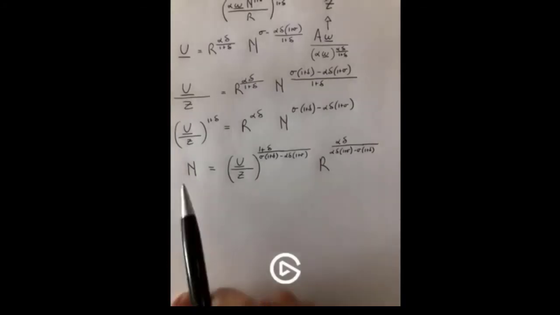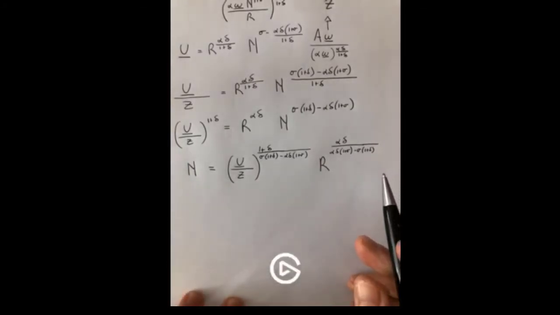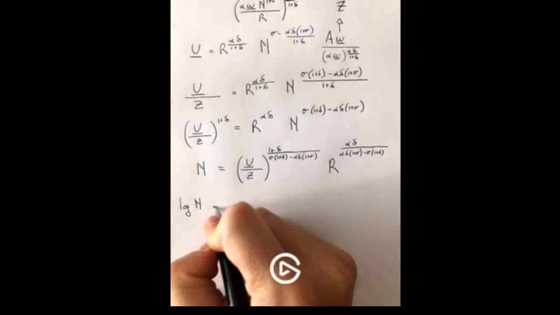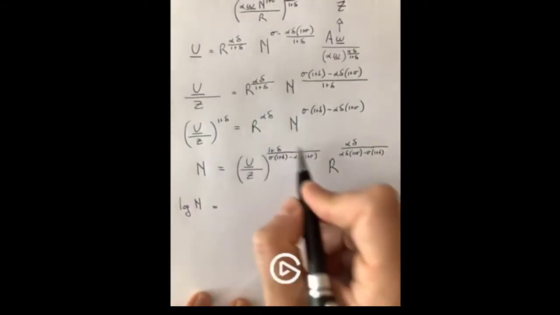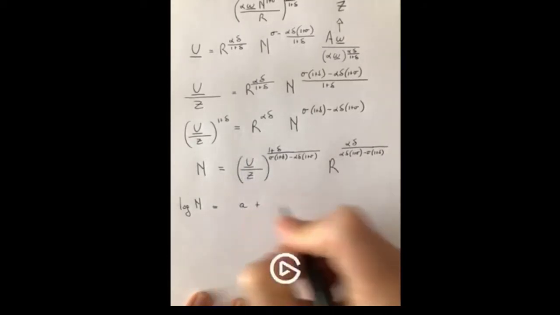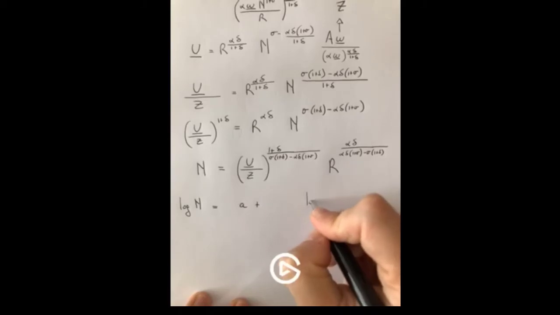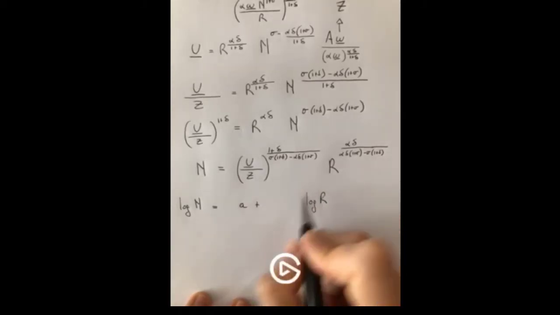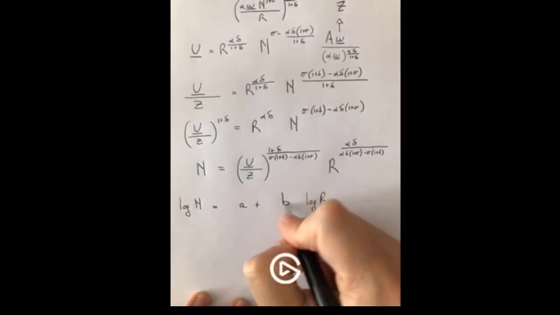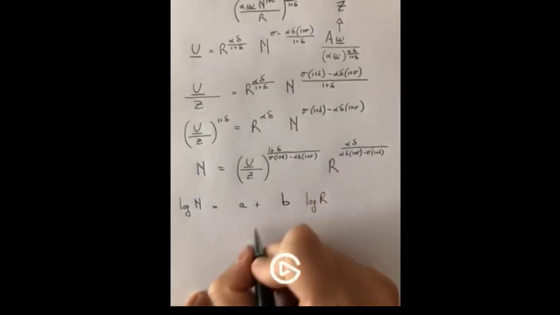So if I take a log here on both sides, I have the log of n, the total amount of people living in the city, is equal to the log of this value here that I'm going to call a, plus the log of the stock of roads with a coefficient here b, where b is exactly equal to this exponent.